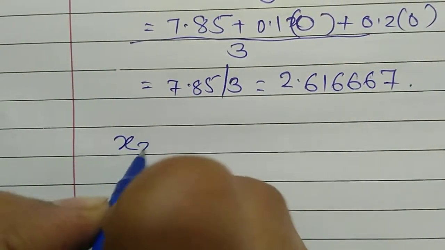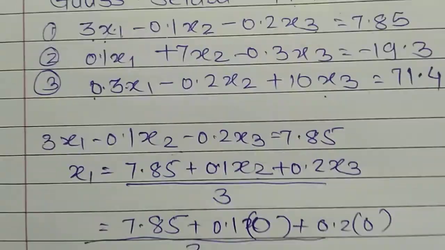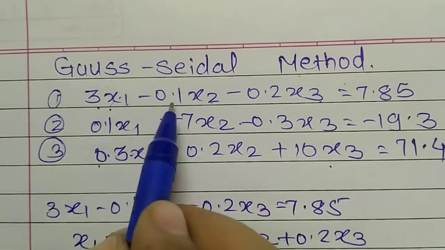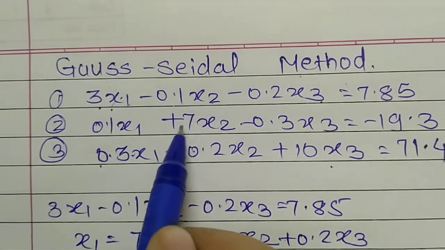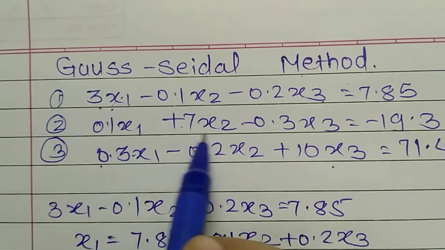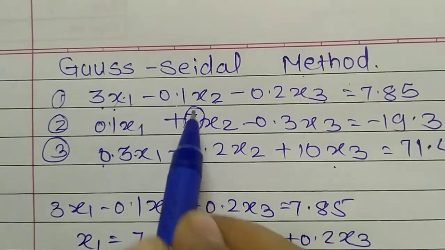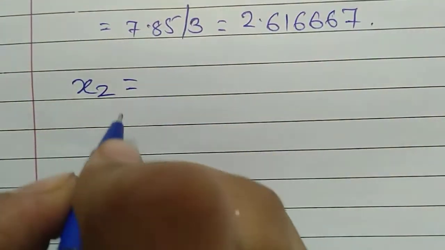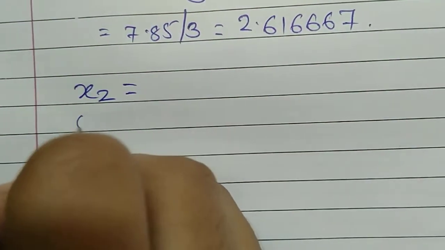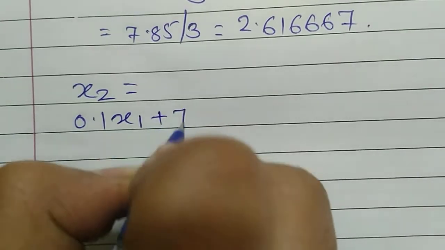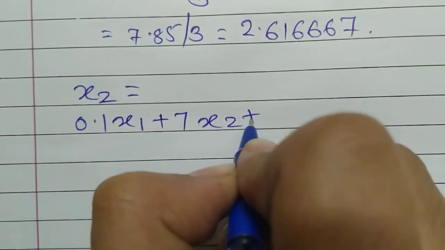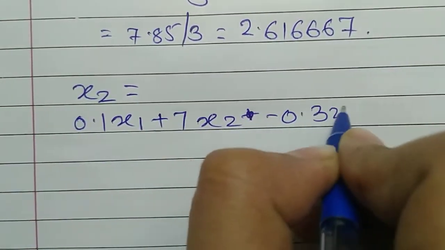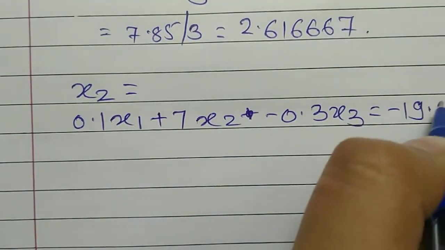Now we will find x2. Here we will see which equation has the bigger coefficient of x2. We can see the second equation has the bigger coefficient, that is 7, so we will take that equation. I will write the equation first: 0.1x1 plus 7x2 minus 0.3x3 is equal to minus 19.3.